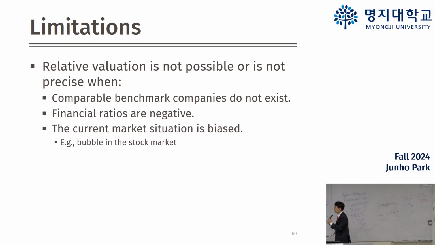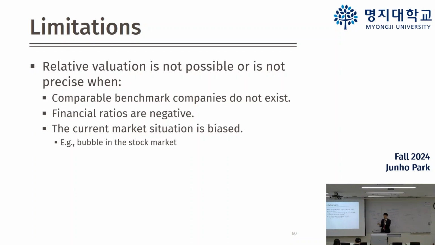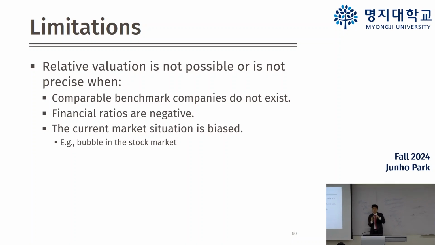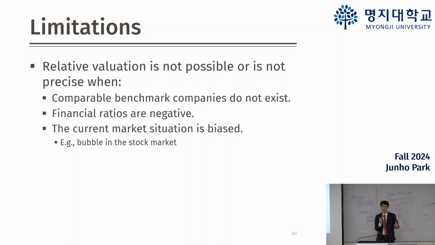So remember the episode of the COVID-19 pandemic. During the COVID-19 pandemic, when the pandemic began in 2020, a lot of governments around the world and a lot of central banks started to lower their financial policy. So essentially in Korea, the interest rate by the Bank of Korea was 0.